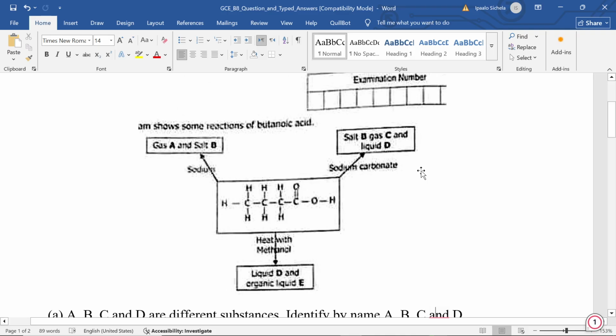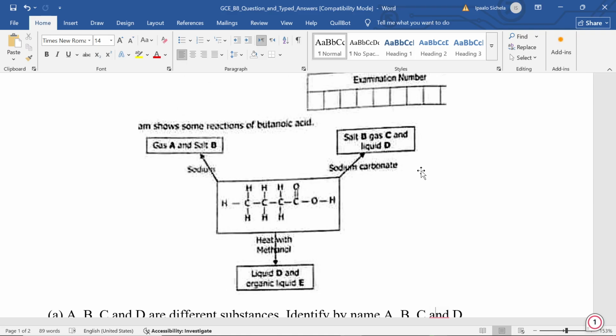If you remember, under acids and bases, when an acid reacts with a carbonate, what is formed is salt, carbon dioxide, and water. So gas C is carbon dioxide, liquid D is water.